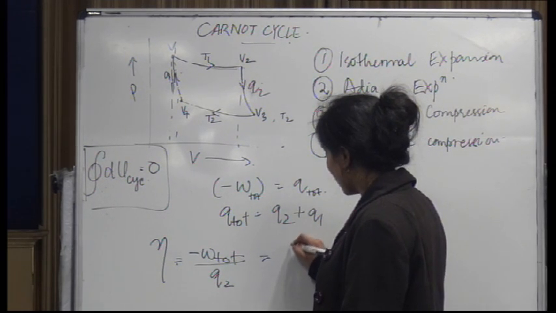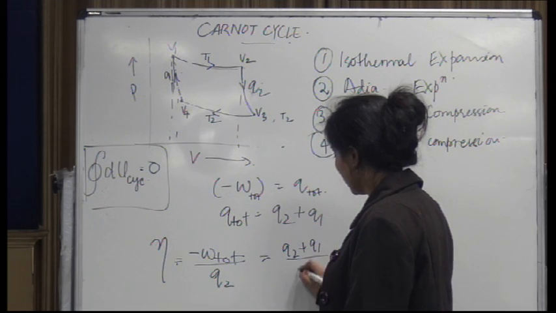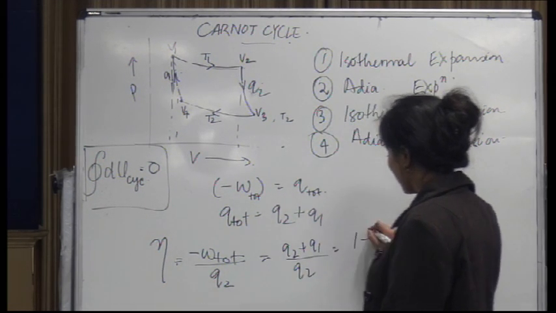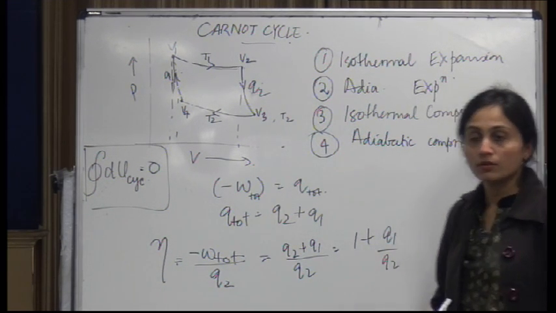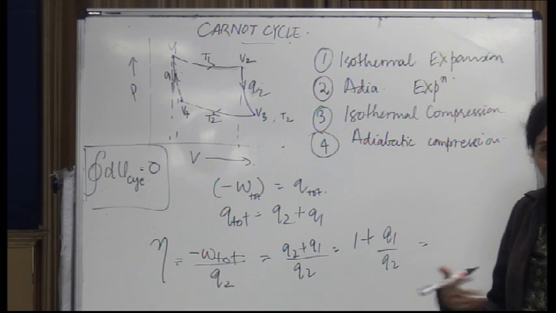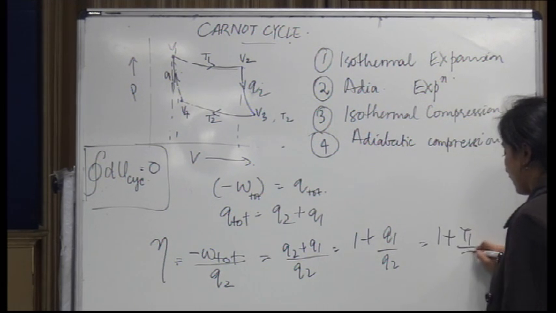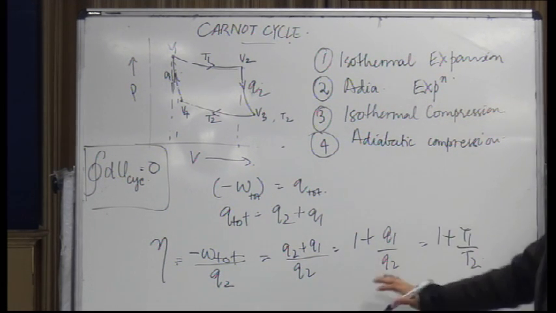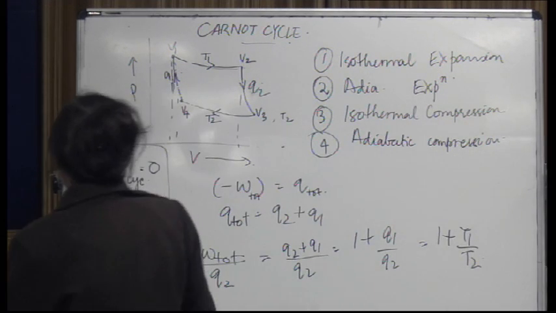So that can be written as Q2 plus Q1 upon Q2. So that will be equal to 1 plus Q1 by Q2. Right? And later on it is also proved by different relationships that it is also equal to 1 plus T1 by T2.